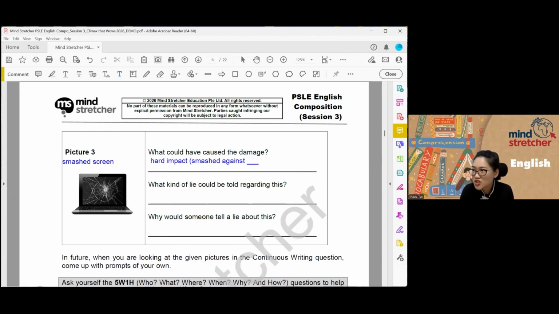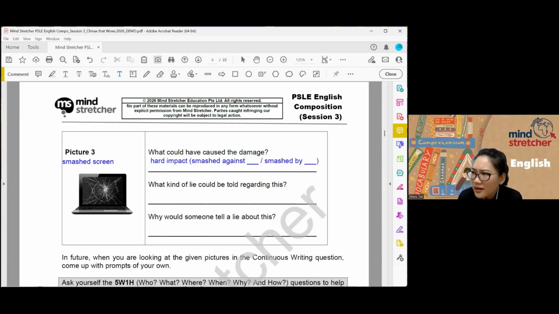It must be smashed against something, or smashed by something. Or a really, really hard punch. But I would think that you will really hurt yourself if you try to cause this kind of damage to a laptop. Your knuckles will really hurt. It is not easy.